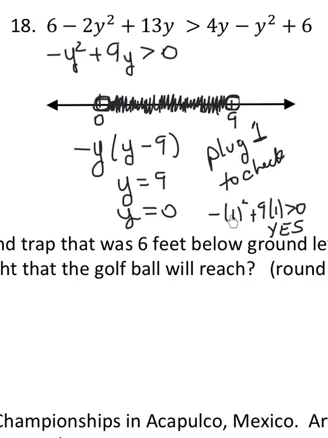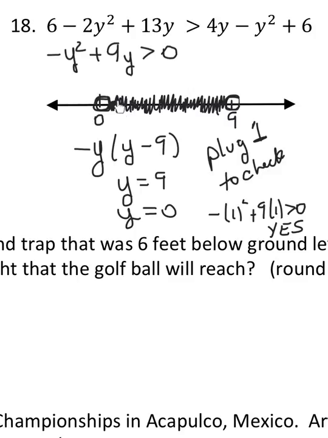So when I plug 1 into my inequality, I get negative 1 squared plus 9, and is that greater than 0? Yes, it is, because negative 1 plus 9 is 8, and 8 is greater than 0. So we're going to shade inside.